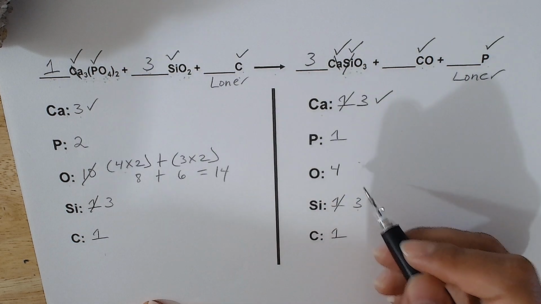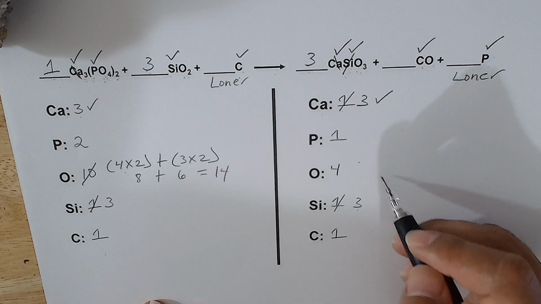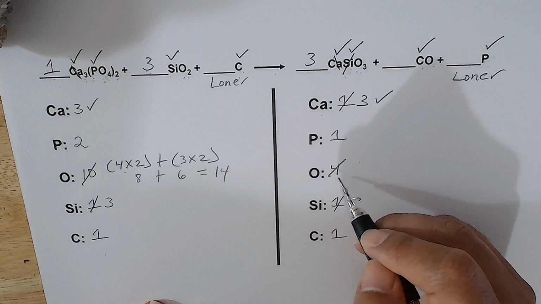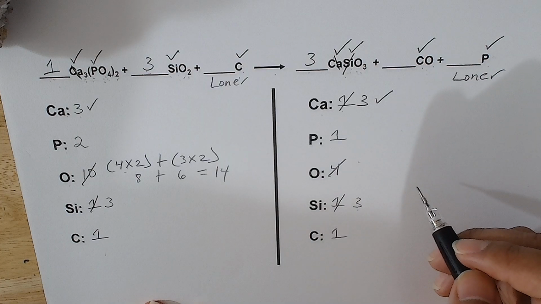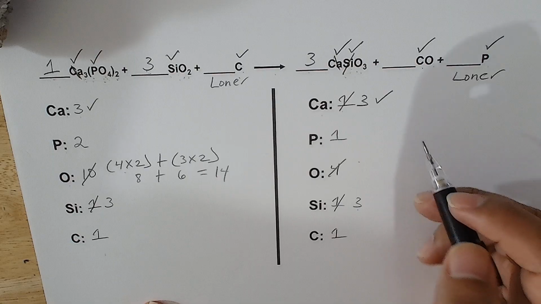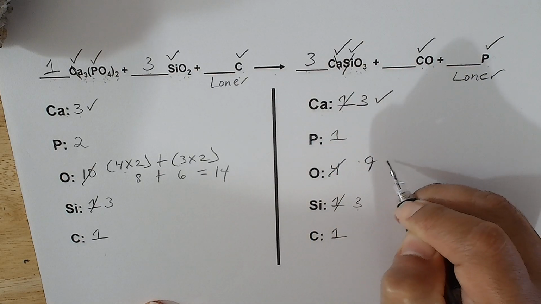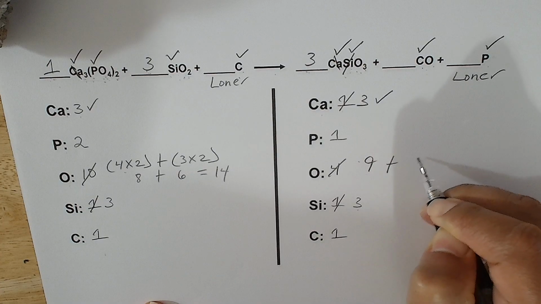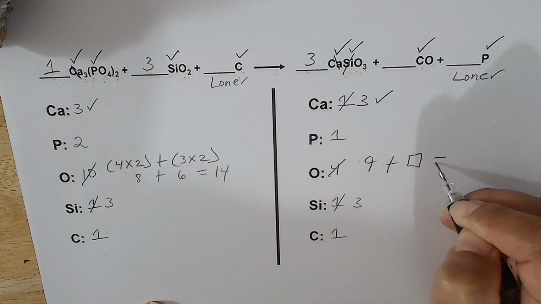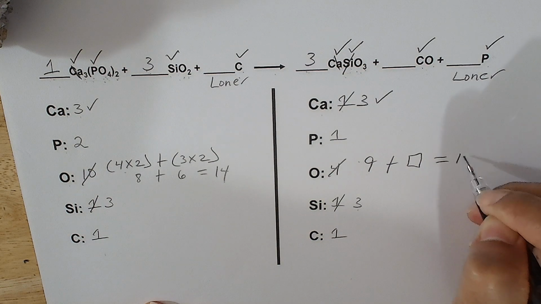Now I can come to the product side again. So I know I need a total of 14, but we need to find out how many we have first. So we have 3 times 3 gives me 9. So therefore 9 plus what number will give me the magic number of 14?